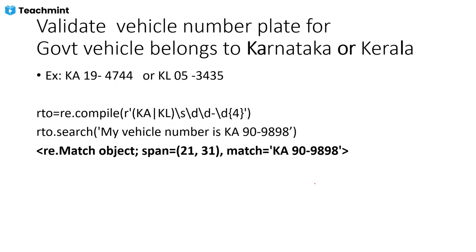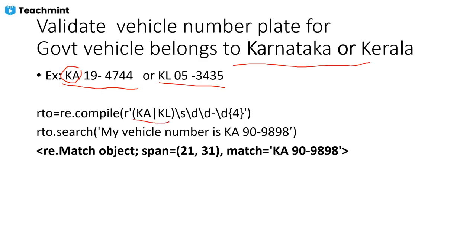Now, to check the number plate, whether it is a Kerala number plate or a Karnataka number plate. As you know, this is the format of any number plate, for example K19-4744, or KL05-3435. First two characters are either KA or KL as per the question.